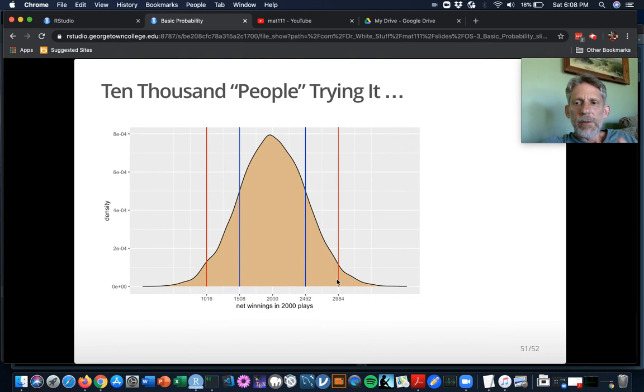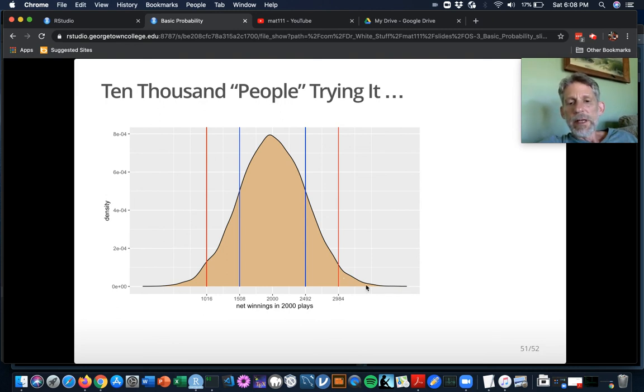And so that's how the expected value and the standard deviation for a random variable can work really well together to tell you what's likely to happen for that random variable and what would be unusual. The expected value plus 2 of those 492s is 2984.